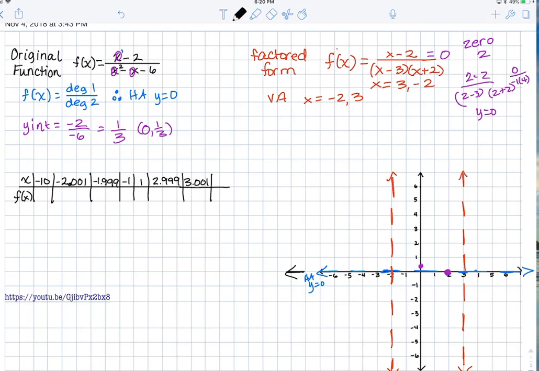Then let's plug in a +10, and let's see if we're coming at the horizontal asymptote from below, or if we're coming at it from above. So let's take a look at this video, and then we'll come back and I'll have you tell me the values that I should graph.